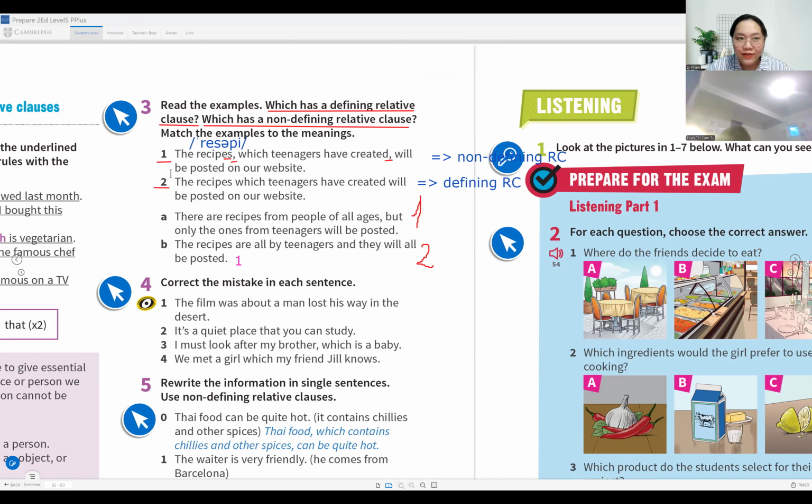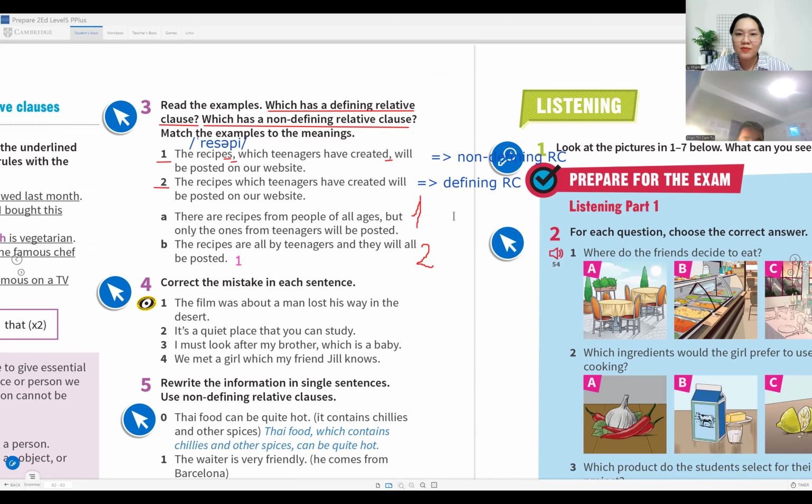And then for A, the recipes which teenagers have created, we cannot omit it. We cannot delete this information, which means it's very important. So maybe there are a lot of recipes from people of all ages, maybe over 18 or the elderly. But here, for those recipes, especially which teenagers have created.